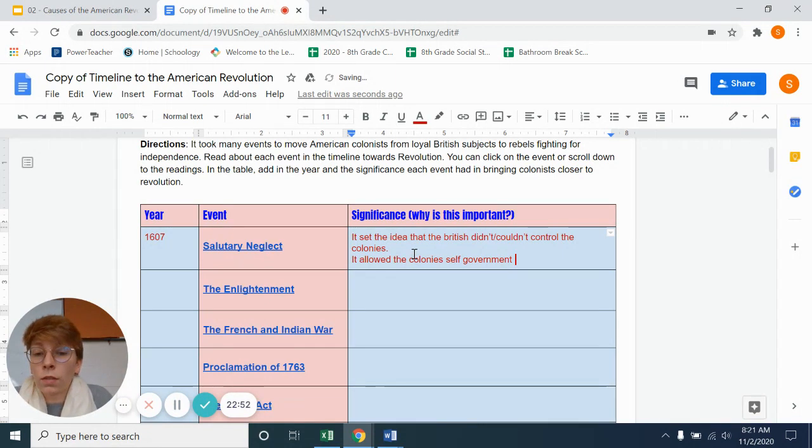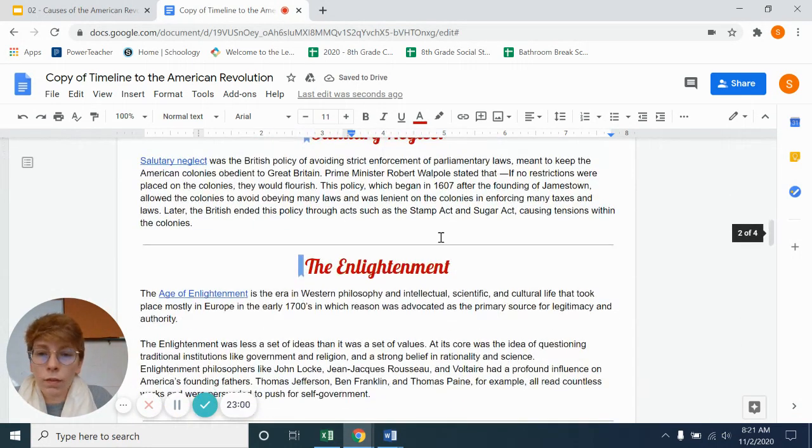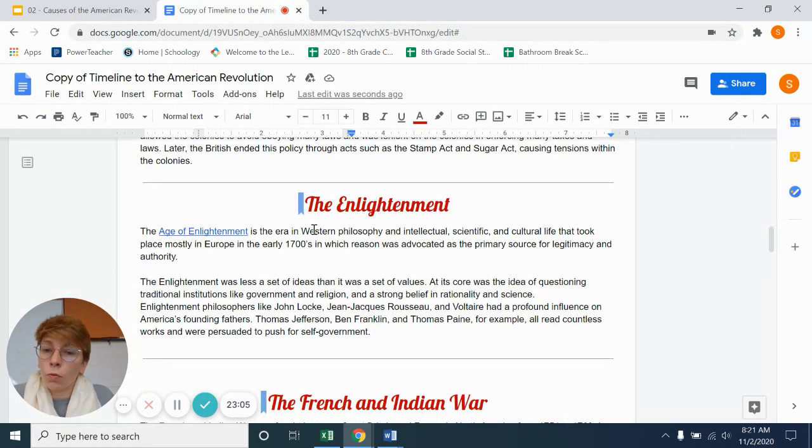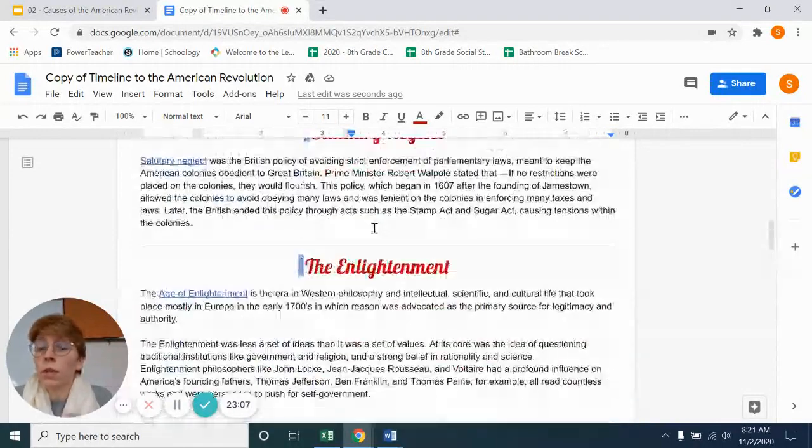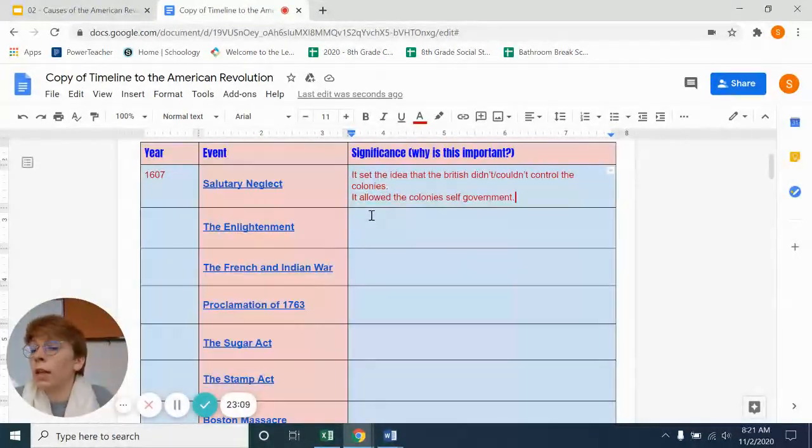A bunch of different reasons. Really only need one sentence explaining why this is important towards the revolution. And then continue on, reading through each section if you need, and just filling in the timeline.